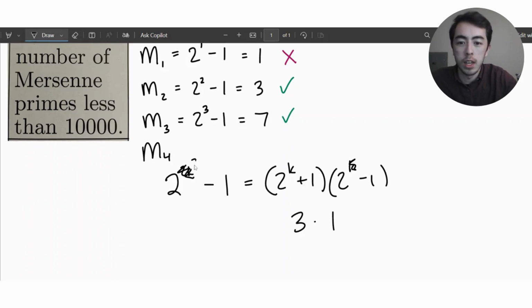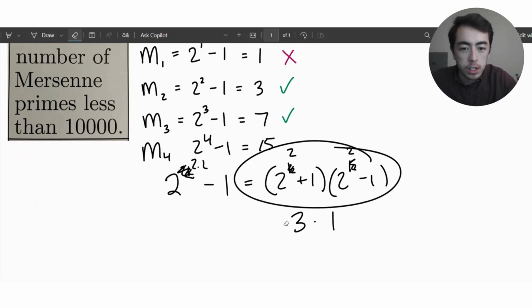That would mean k is 2. And now I have a way to factor whatever number I get when I do 2 to the 4th minus 1. That would be 15. This factoring shows me that I can factor it into 2 squared plus 1 times 2 squared minus 1. Cool, 5 times 3 is 15.